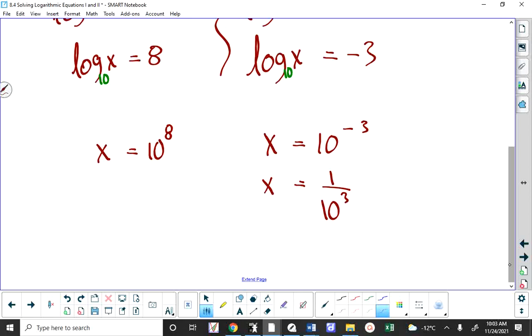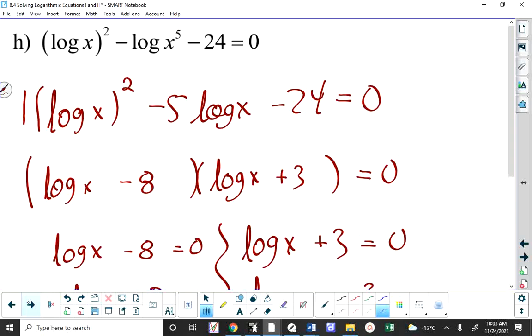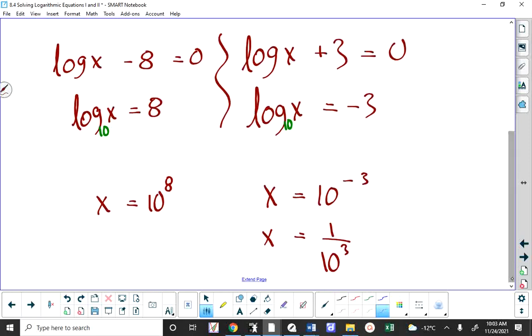Maybe. It's not in this case, because I believe our arguments here were all just x in the first part, and x to the 5 in the second part, but if x is positive, x to the 5 will be positive. So these are both valid solutions. 100 million and 1 over 1,000.